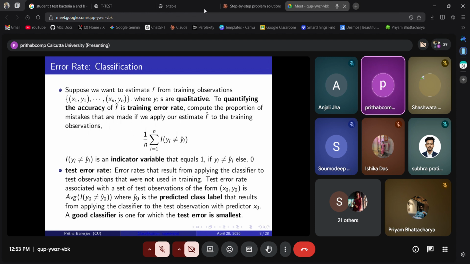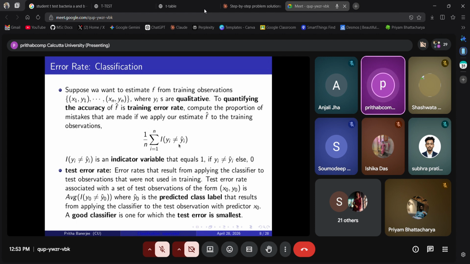Next, the test error rate: we look at what my test error rate is. For the test data, we calculate this error rate that results from applying the classifier to test observations that were not used in training. The test error rate associated with a set of test observations of the form x0, y0 is the average of the indicator variable y0 not equal to y0 cap.